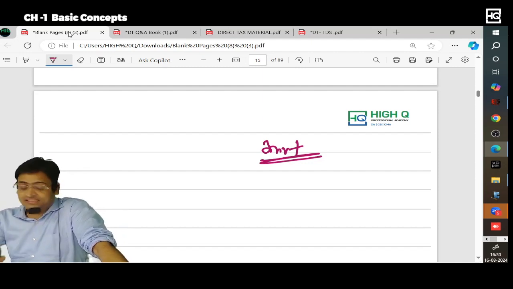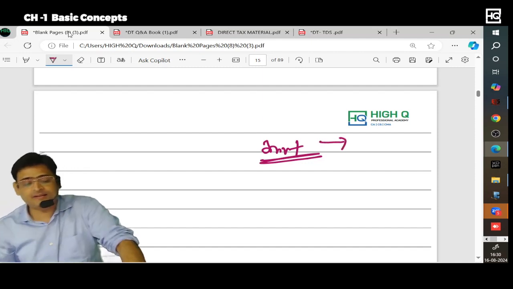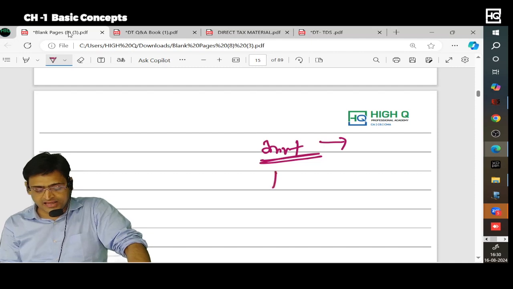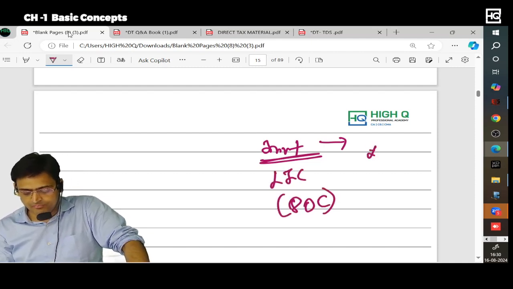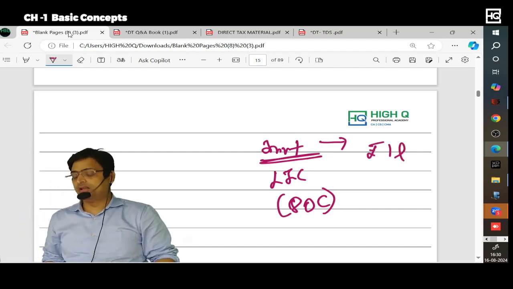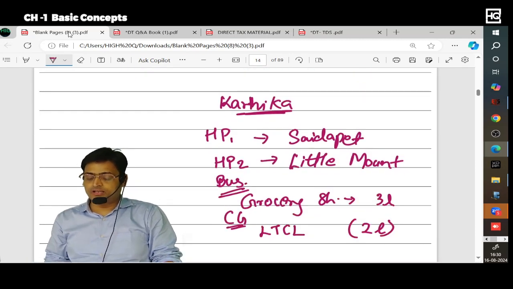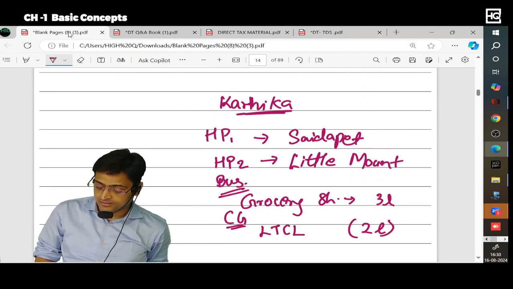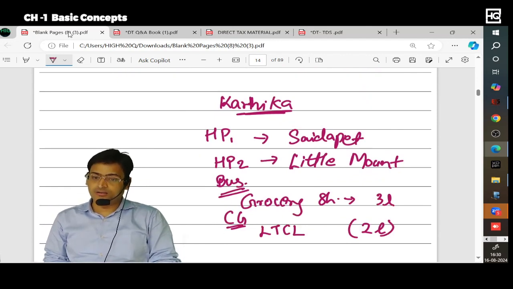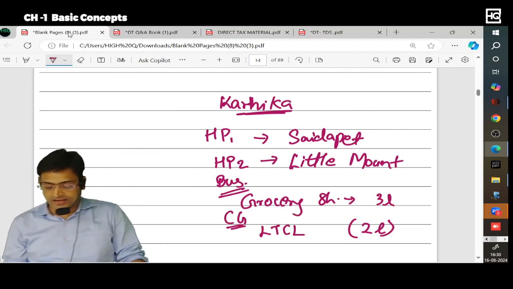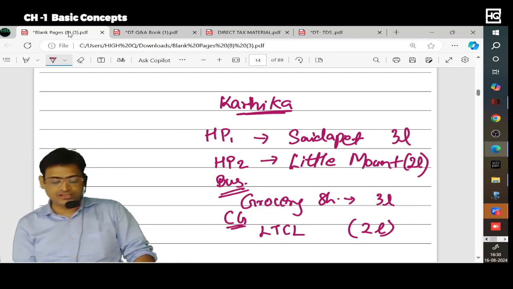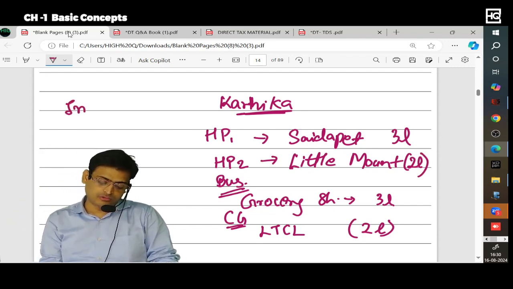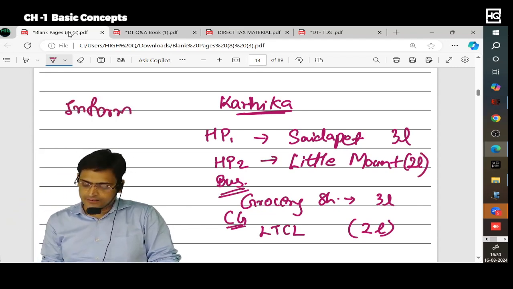Now this is the investment under LIC, which goes under 80C. She made, let's say, 1 lakh rupees. Now my question to everybody, whether Kartika can inform her other profits. From Saidapet she has income of 3 lakhs. From Little Mount she has a loss of 2 lakhs from house property. Now 3 things I'll ask you. Can Kartika inform her other income?